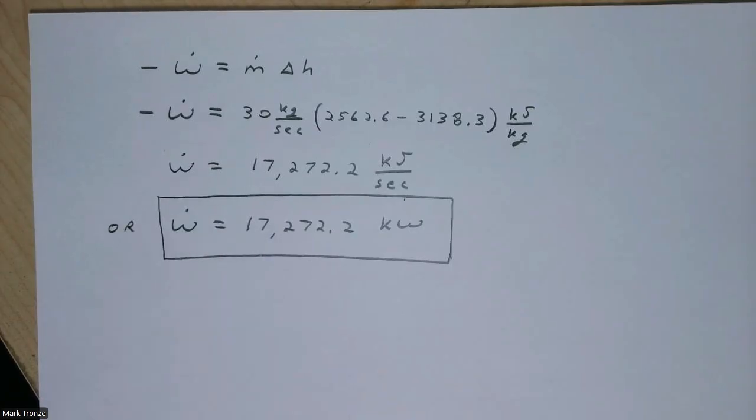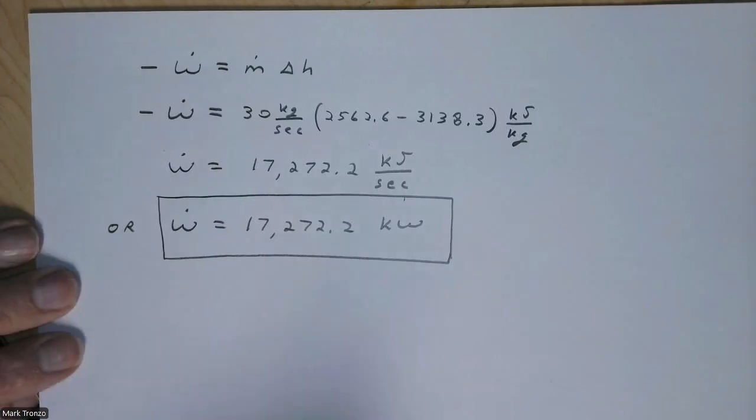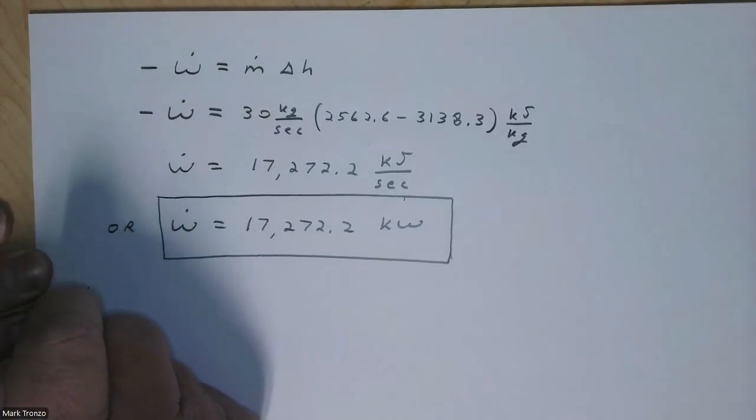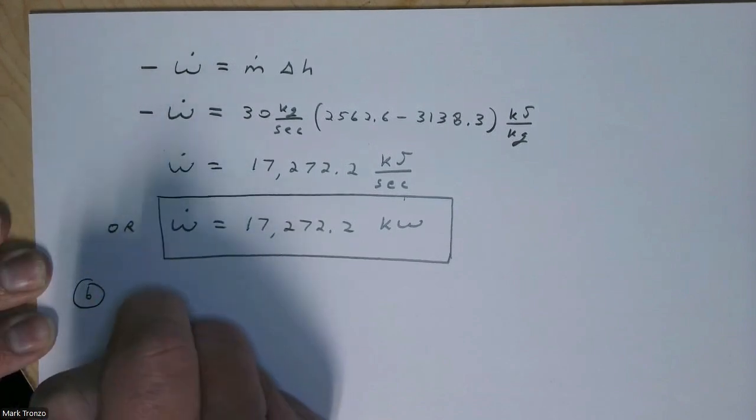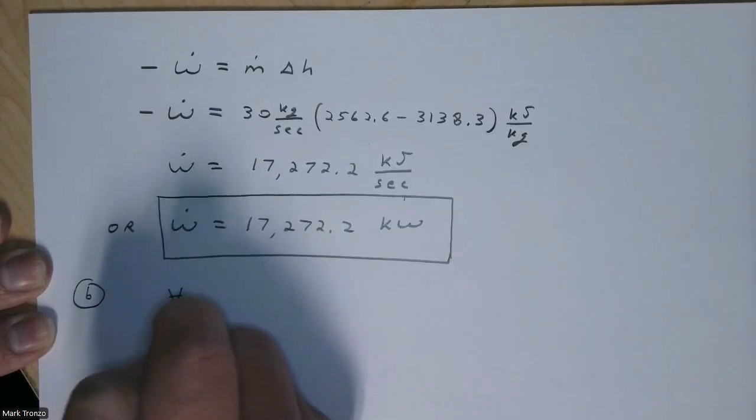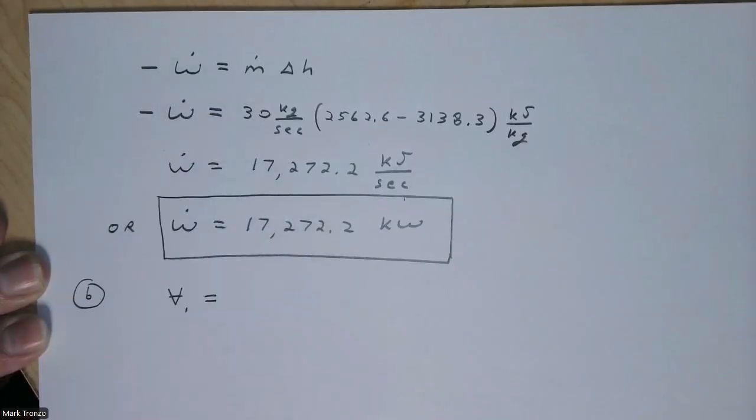Now for the next part, we have to find the diameters of the inlet and outlet. For part B, we're told the velocity of the inlet, I'll call it velocity 1, is supposed to be 15 meters per second.